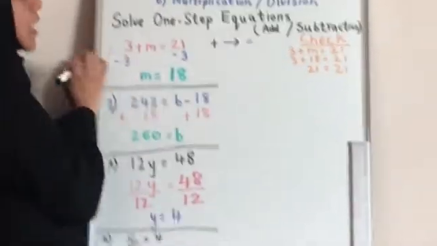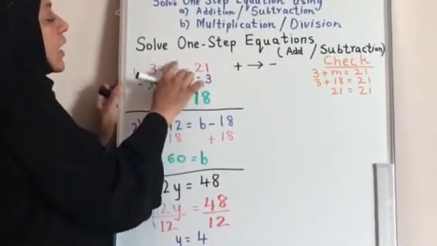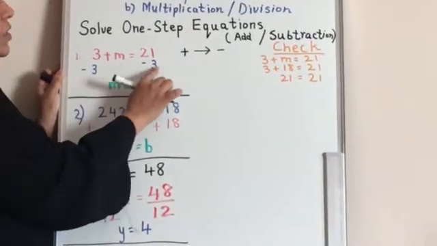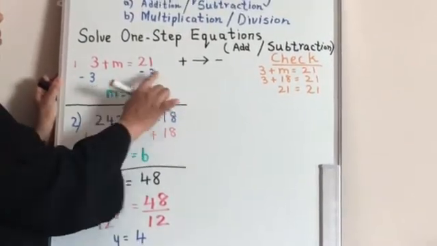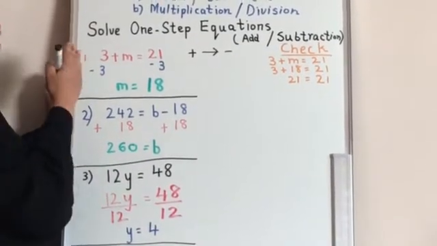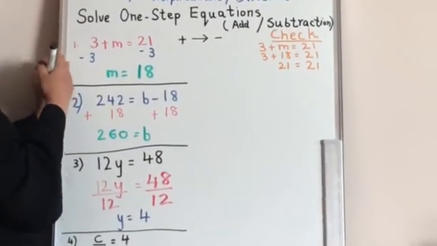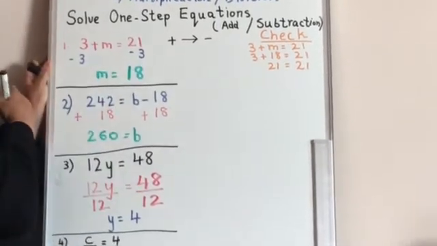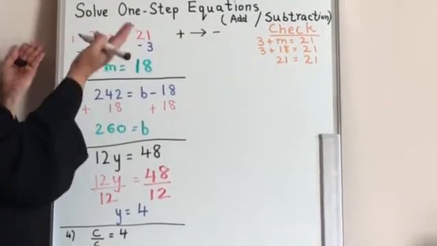Okay? I need to keep the variable m alone on one side. So I will minus 3 from both the sides of the equation. What operation you do on one side, you should follow the same operation on the other side of the equation to balance the equation.